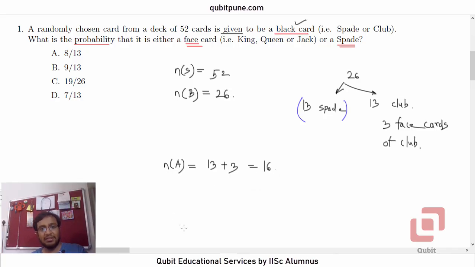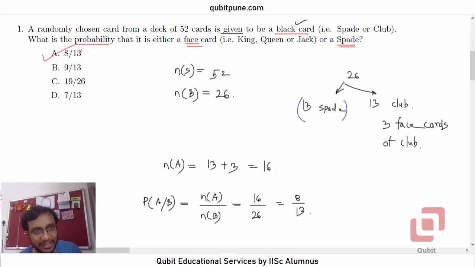So what is the conditional probability, the probability of A given B? It is very simple to find now. It will be the number of elements in A upon the number of elements in B. Number of elements in A is 16, number of elements in B is 26. 16 by 26 is 8 upon 13, and that is option A. So question 1, option A. Very simple question.